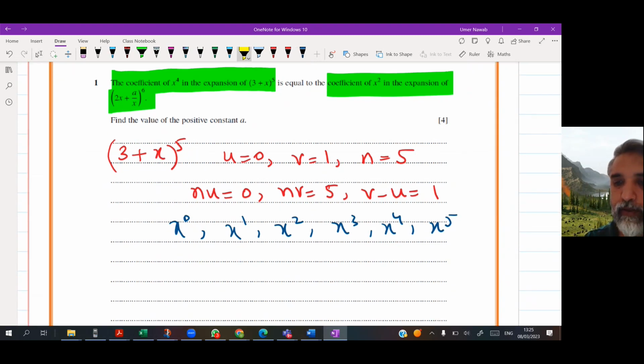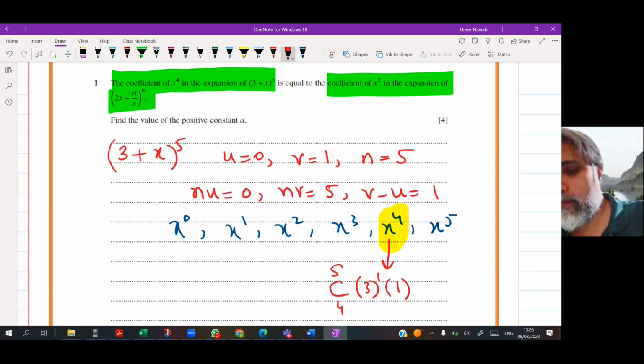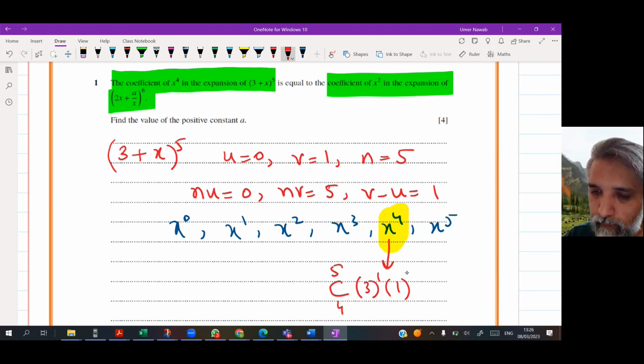You're looking for the coefficient of x to the power 4, which is 5C4 times 3 times 1 raised to the power 4, as he said.